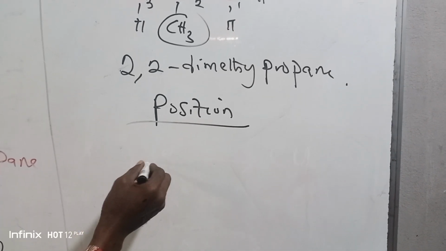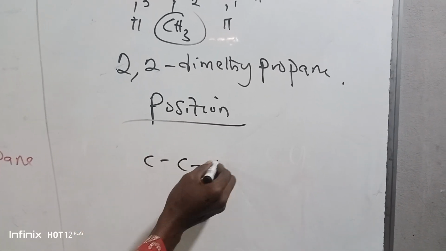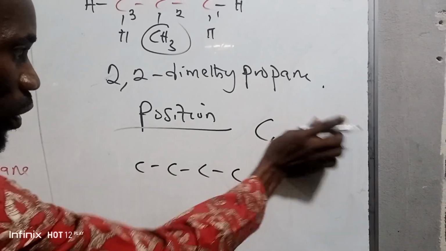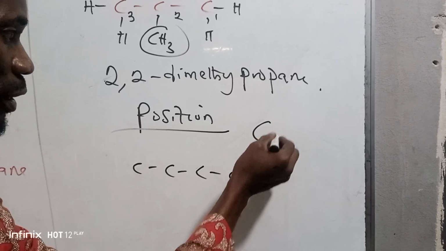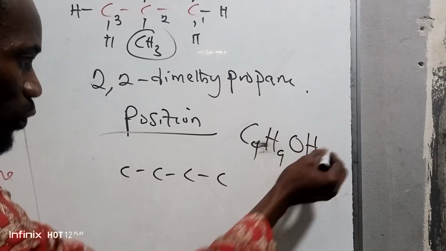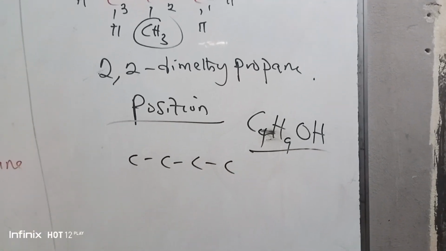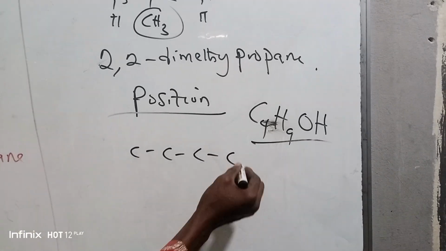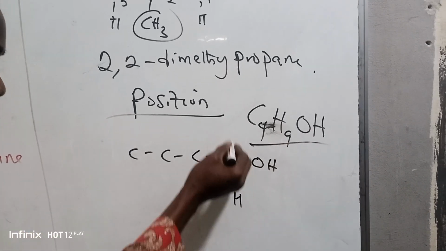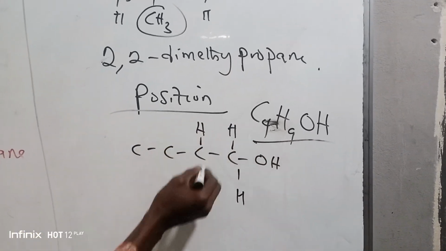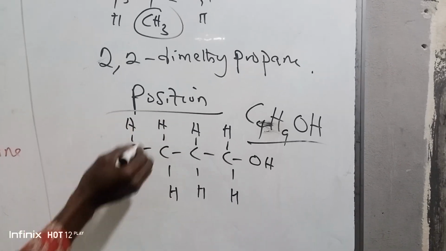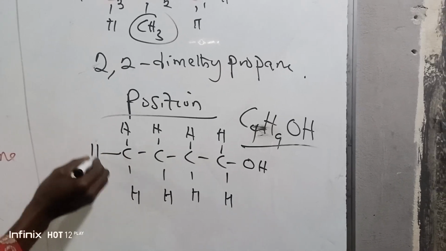Butanol, I have C1, C2, C3, and C4. Butanol is C4H9OH. What I have here is butanol. Now, it can be written as, here we have the OH group, one carbon, two hydrogen, three hydrogen, four hydrogen, 5, 6, 7, 8, and 9 hydrogen.